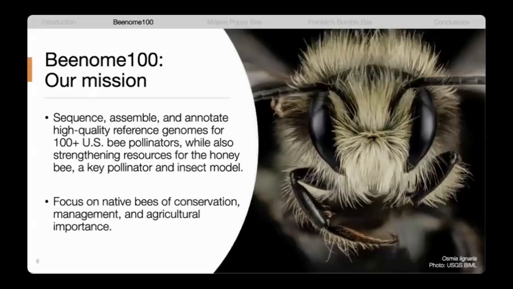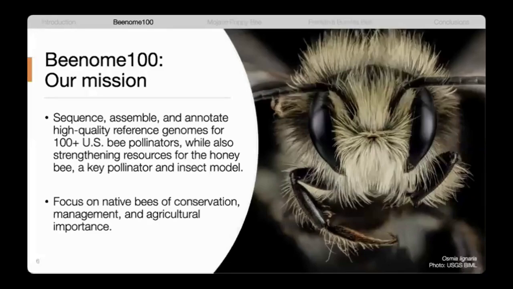The Beenome100 initiative was formed in part to help fill this gap in reference genomes for bee species. The initiative was formed in 2021 as a coordination across several USDA ARS research units and university collaborators.